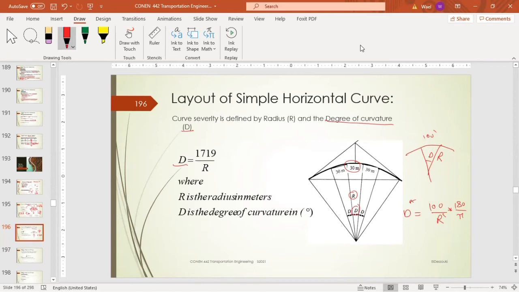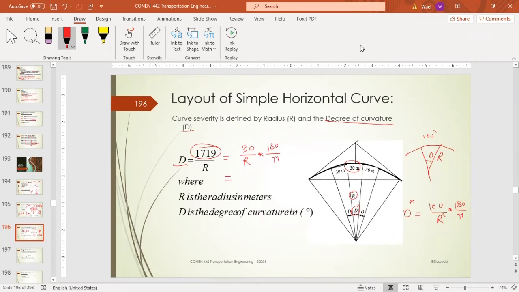And the same here. If you look at it, how we came up with this value. This value came this way. It's basically 30 divided by R multiplied by 180 divided by pi. How much do you get?